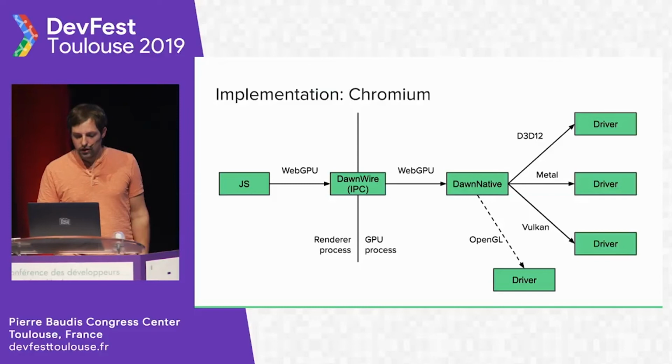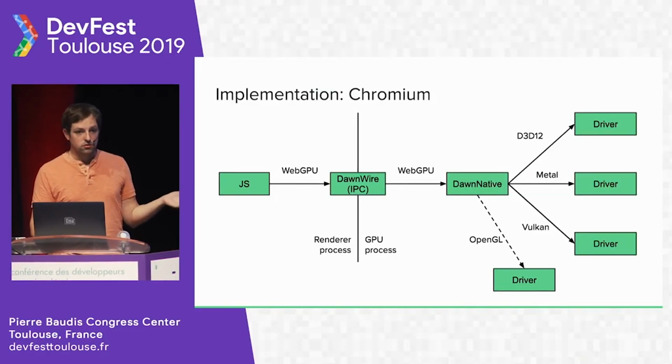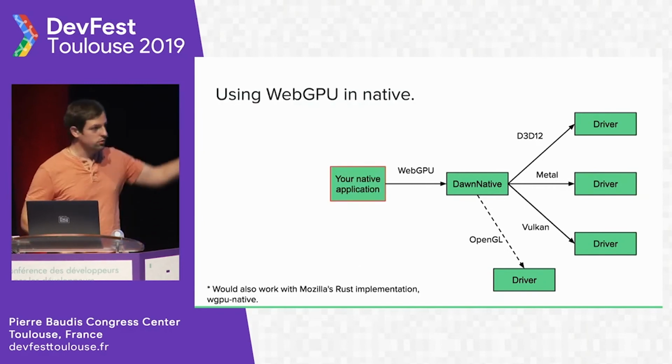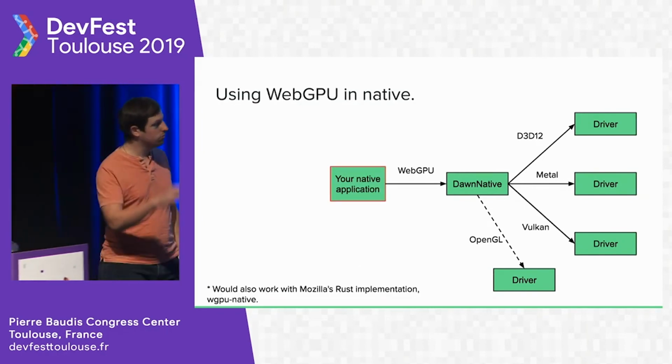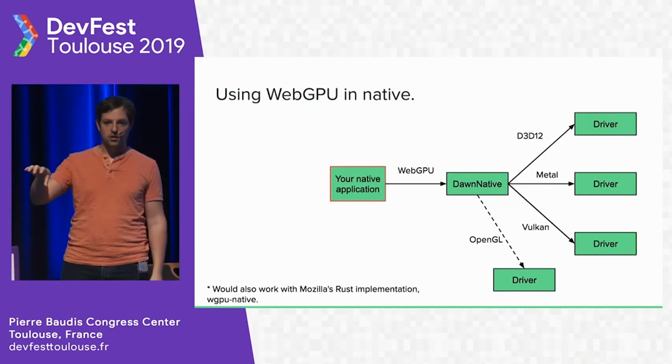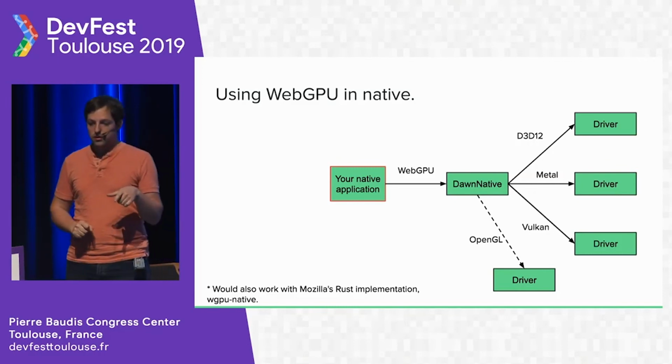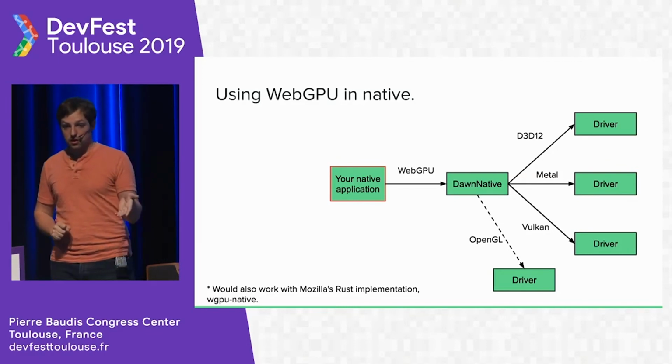Anyways, dawn native is a library that we're interested in. So now imagine you're an application and you want to be able to use WebGPU in native. Well, you can just remove most of Chrome and put your application right on top of dawn native. So doing this, your application is portable, but also can target the web easily.